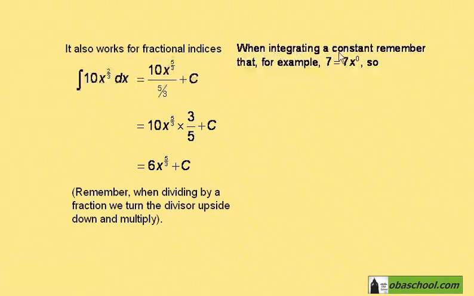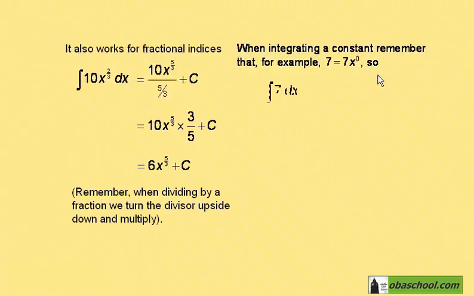When integrating a constant, just a number, remember that, for example, 7 could be written as 7 times x to the power 0. Remember that x to the power 0 is 1.